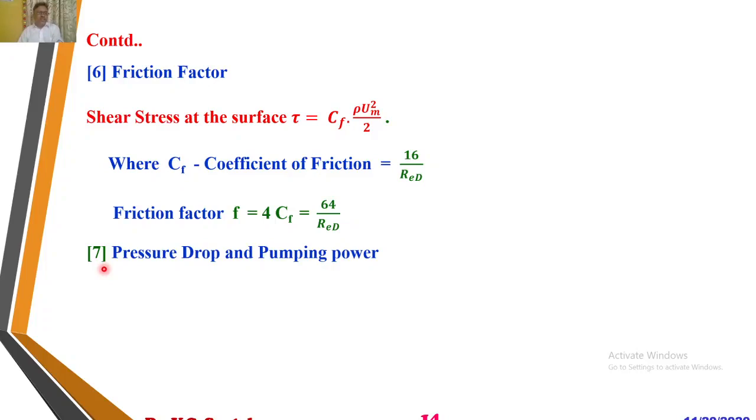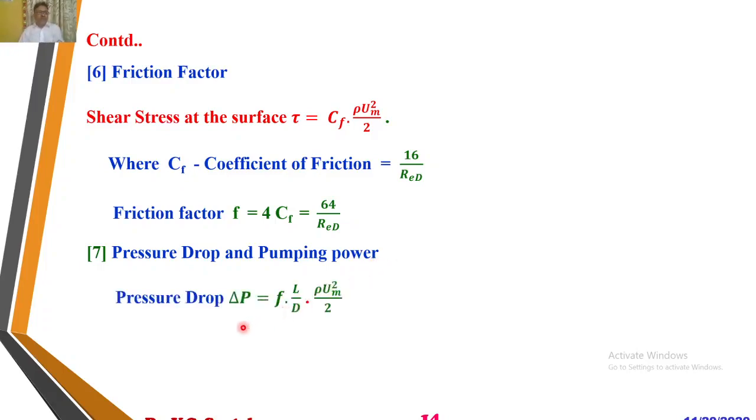Next relationship is pressure drop and pumping power. Whenever fluid is flowing through the pipe, because of friction, pressure drop may take place. And in order to make the fluid flow, this pressure drop has to be overcome. For that, pumping power is required.